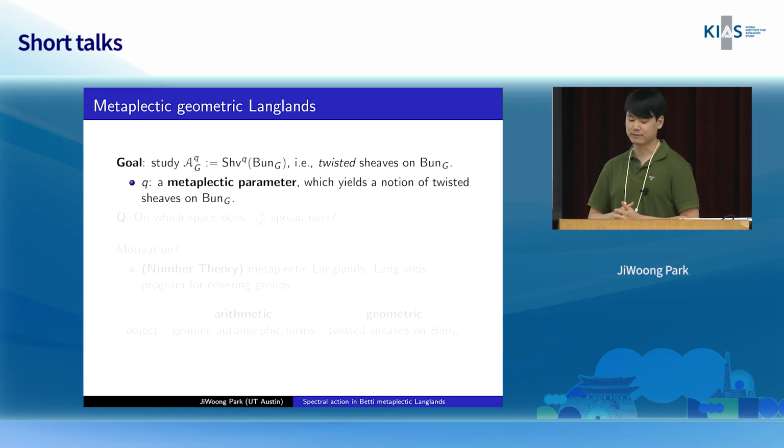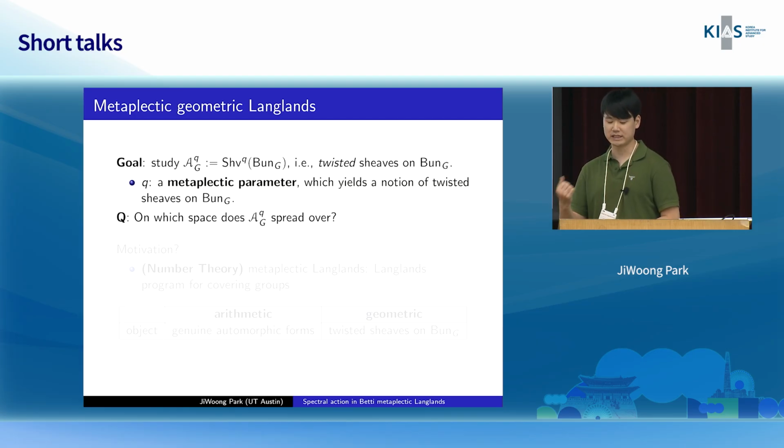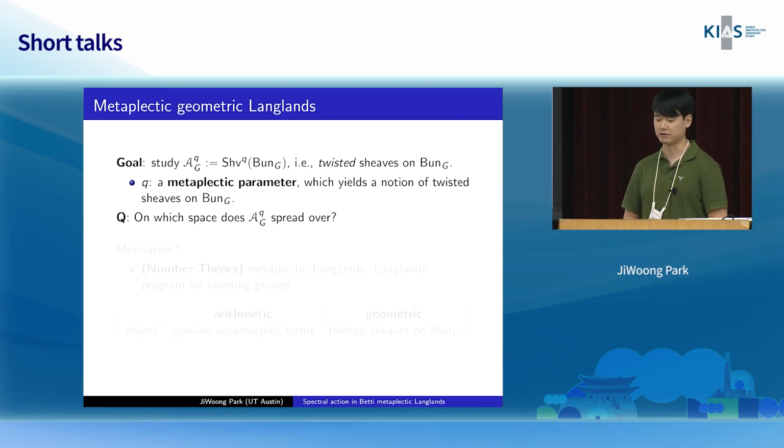Q here is a metaplectic parameter. I'm intentionally using a somewhat vague name, but the correct definition is the metaplectic level introduced before. And this enables us to talk about twisted sheaves on Bun G. So we can ask the same question: on which space does this category spread over?